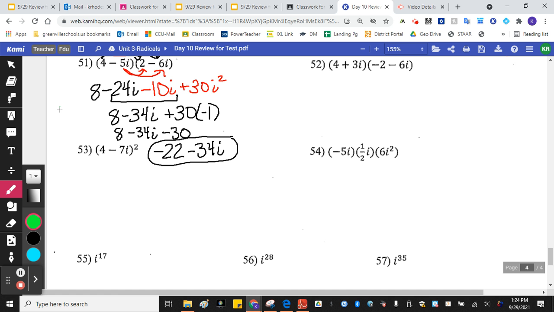All right, 53. Binomial being squared. Multiply it by itself, and do the same thing we just did. Same steps.